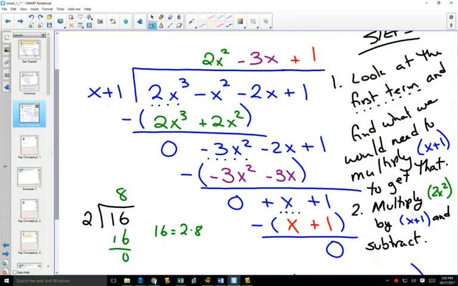So the colors can change depending on the question. Step 3, you just keep repeating this until you're done.